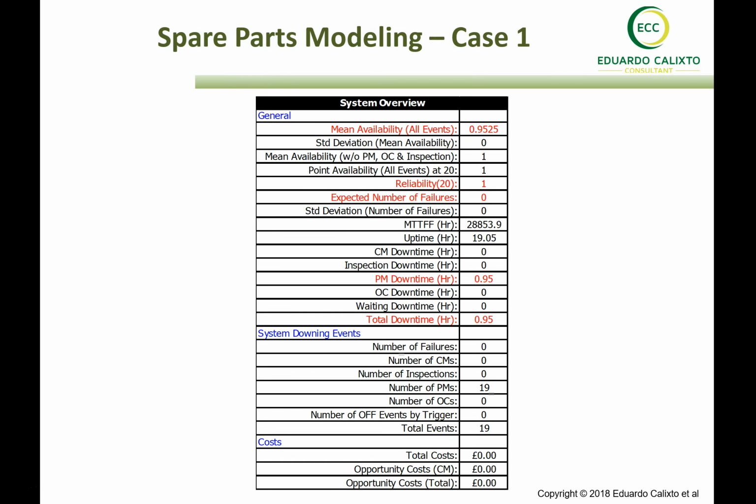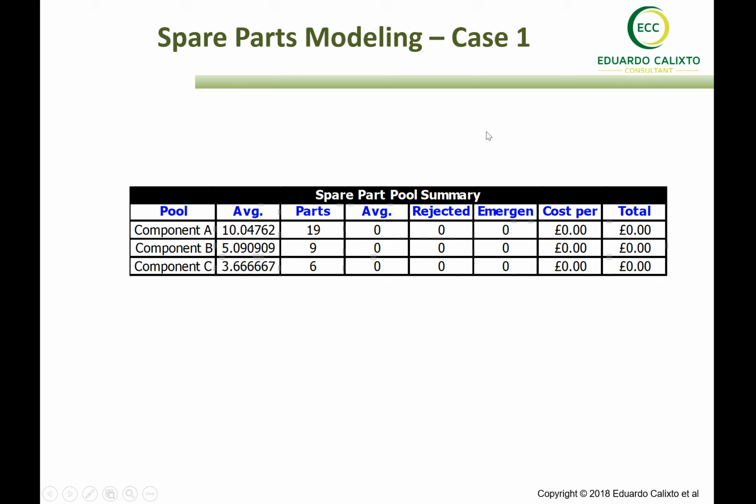Such a policy will not impact the performance, so I will be able to achieve 95.25% of operation availability. I will be able to keep my reliability in a state as good as new, and of course I will have my 19 preventive maintenances. So the operation availability will not be put down because of unavailability of spare parts.